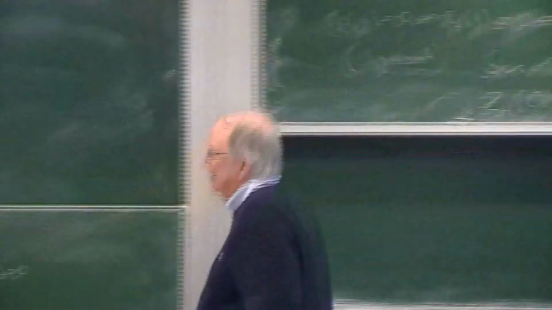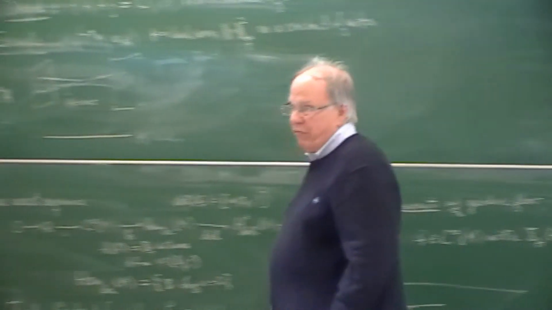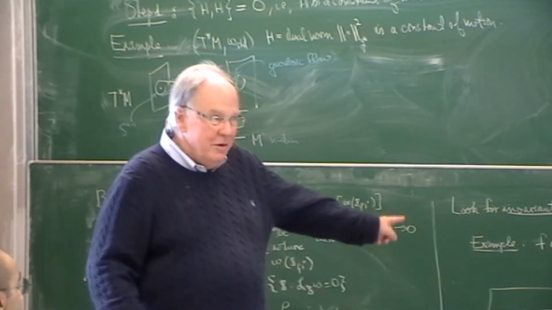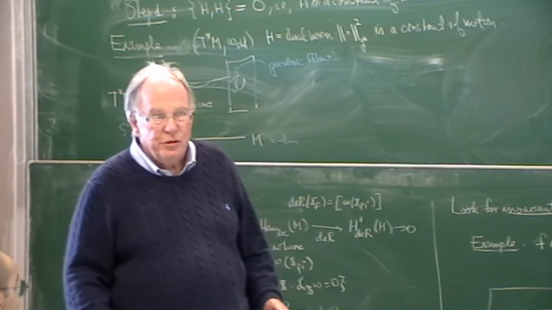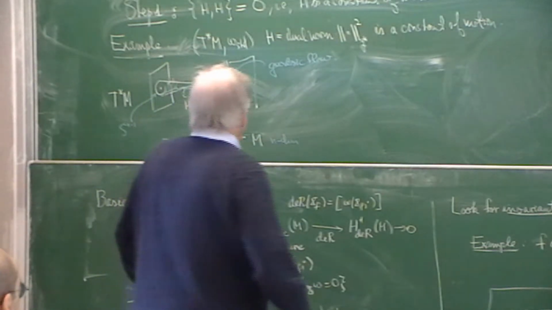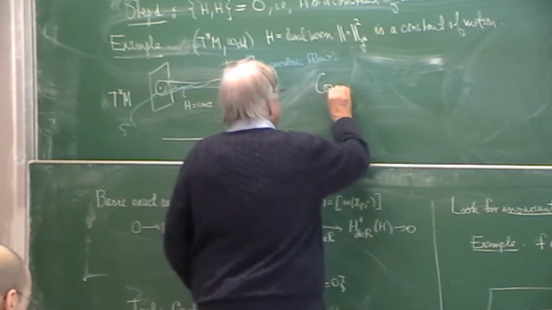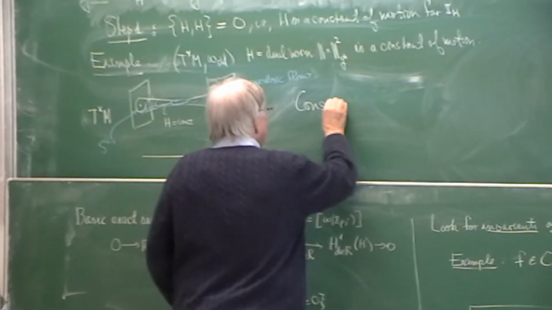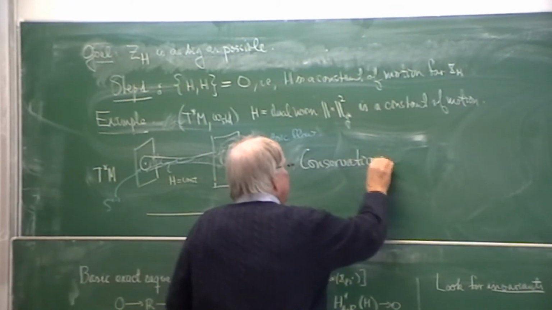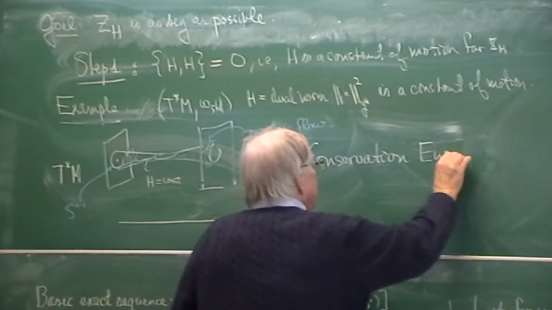But by the way, H is quite often referred to as energy, and this theorem here in the formulation probably of Newton is called conservation of energy. So this theorem is called conservation. The geodesic flow or any Hamiltonian system like this satisfies conservation of energy.